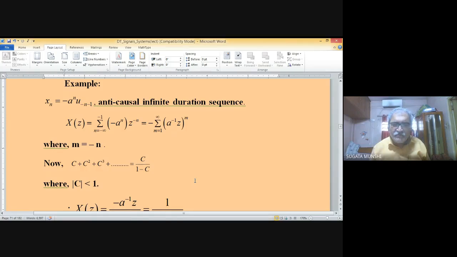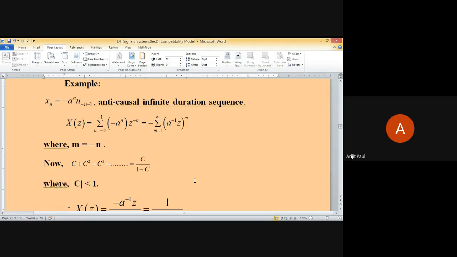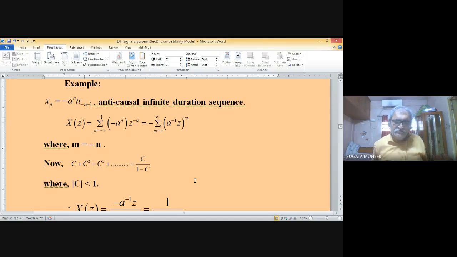What will be the case for infinite duration two-sided sequences? It will be a ring-shaped region, a ring-shaped region centered at origin in the z-plane.